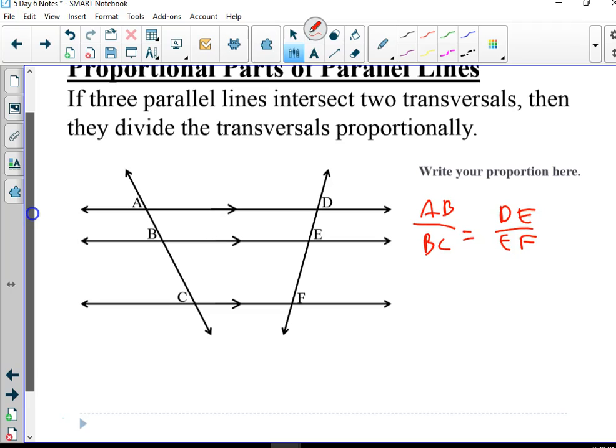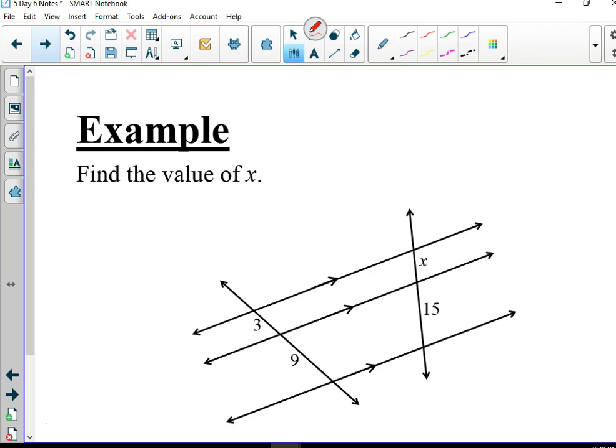We could also say AB to AC, the whole thing, equals DE to DF. And again, you can go upside down: FE to ED and FE to DF. All variations, but you can hopefully get the general idea. We'll work on this more in class.